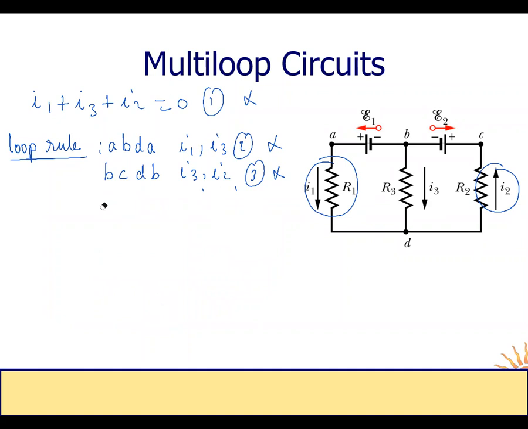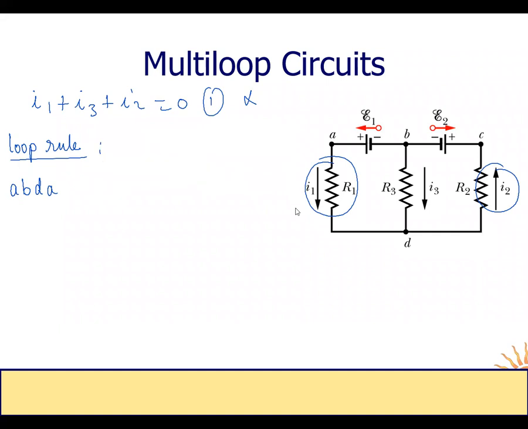So let me start with the first loop, A, B, D, A. Here in this loop, we take a clockwise loop.